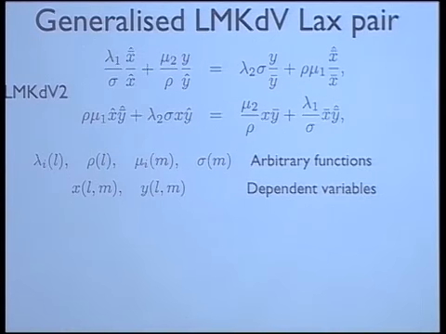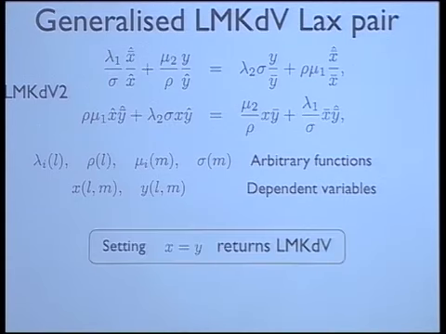So before I just had x, now I have x and y. I also have some arbitrary functions like I had before. I call this LMKDV2 because if I set x equals to y in this equation, I get LMKDV back.